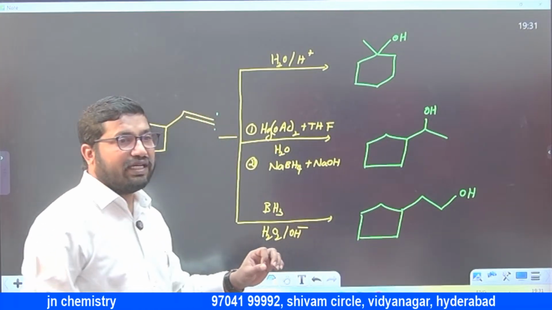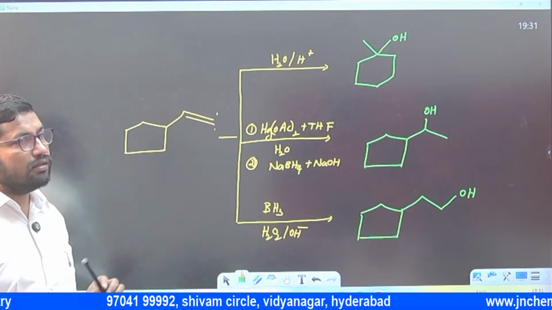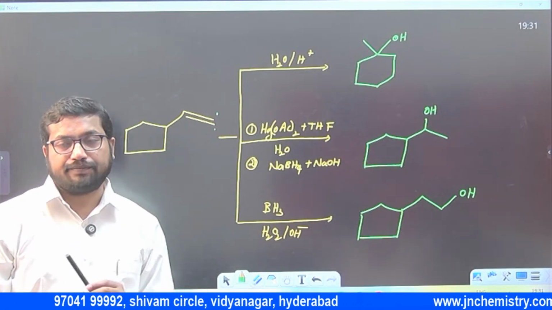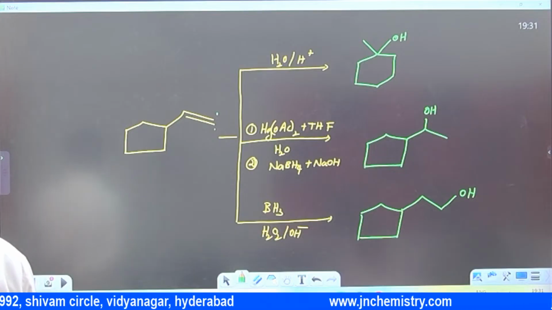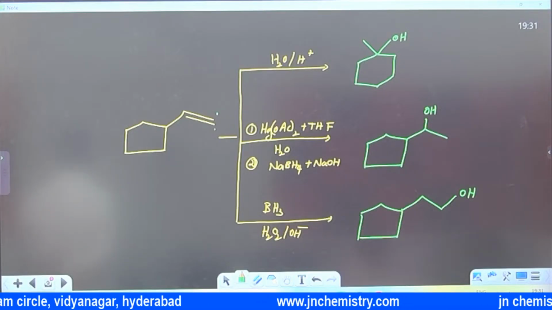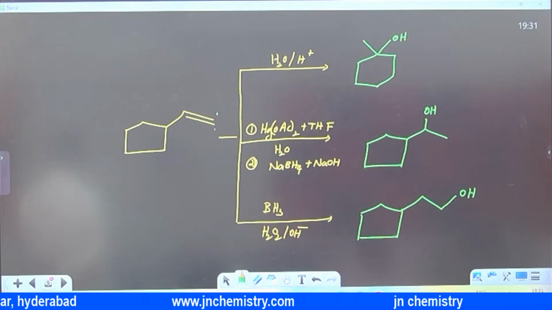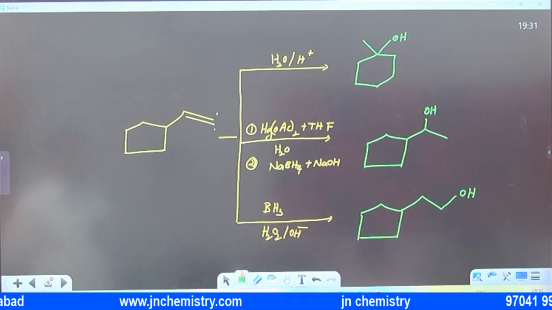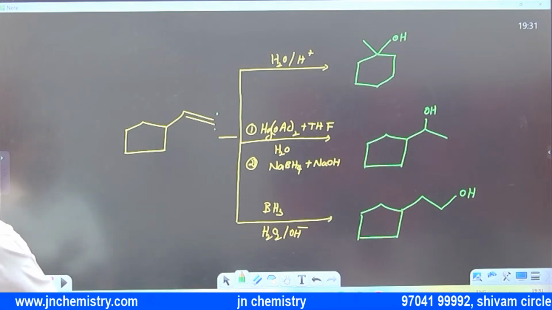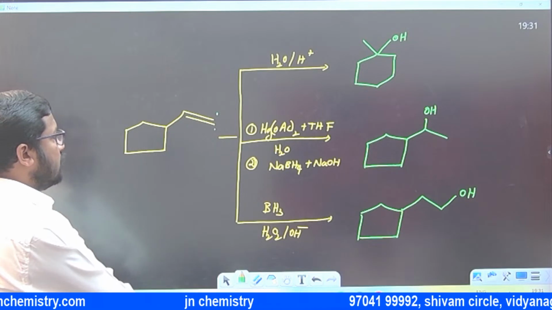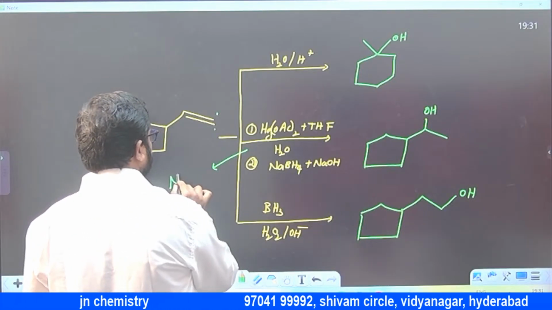So we did ring expansion and the products for three cases. Very, very important, write it down. In the oxymercuration-demercuration case, no rearrangements and no ring expansion.